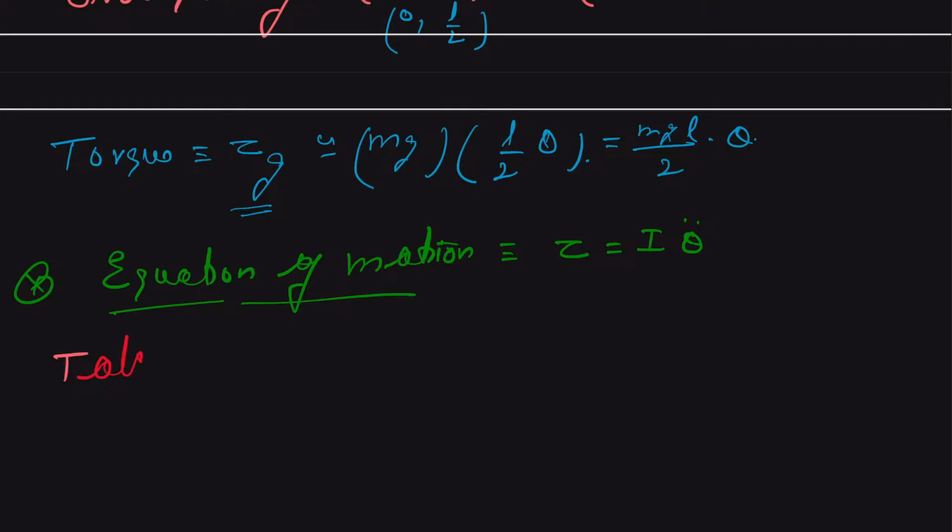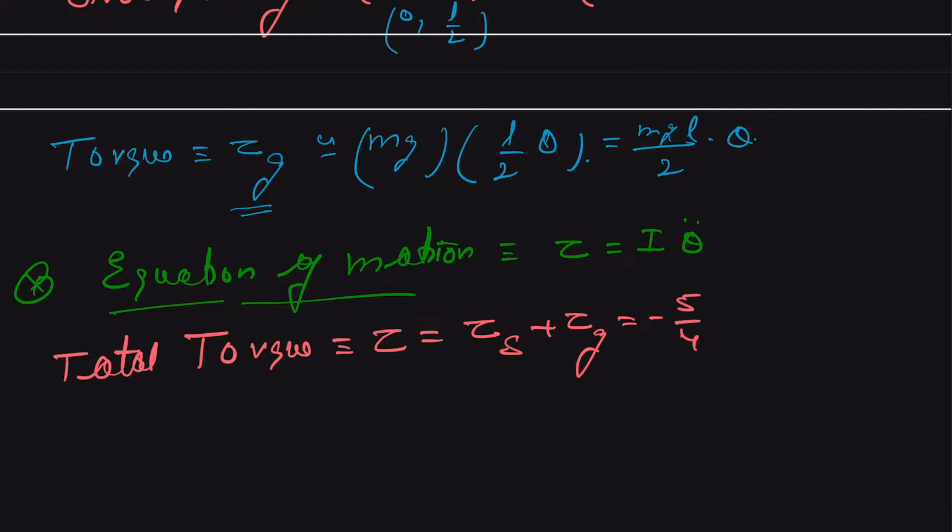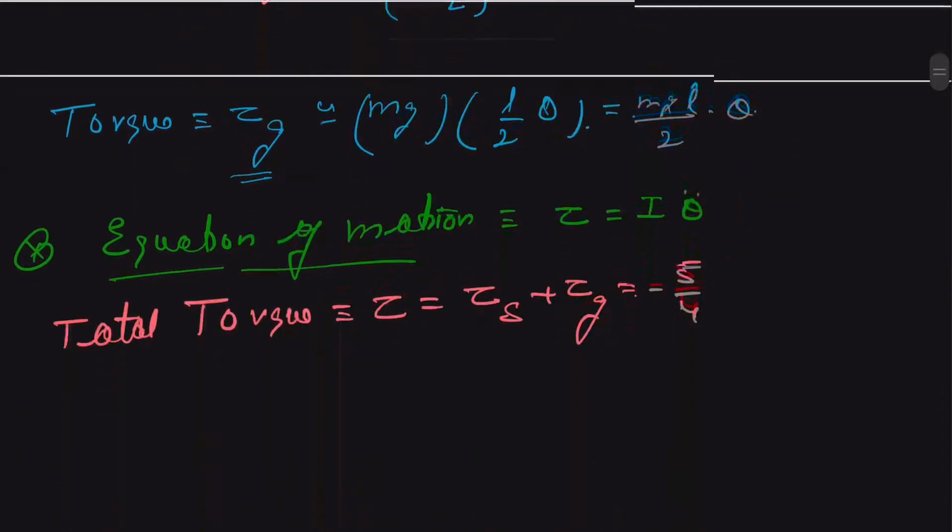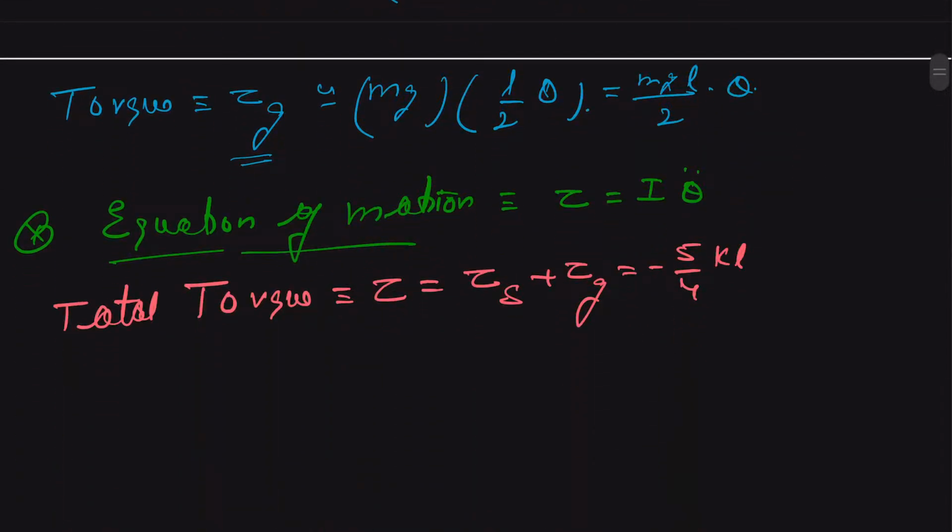You can see our total torque, that's our tau, will be spring plus gravity, and this comes as minus 5 by 4 k L square theta plus mgL by 2 times theta.